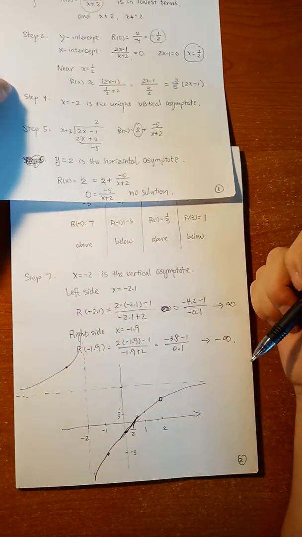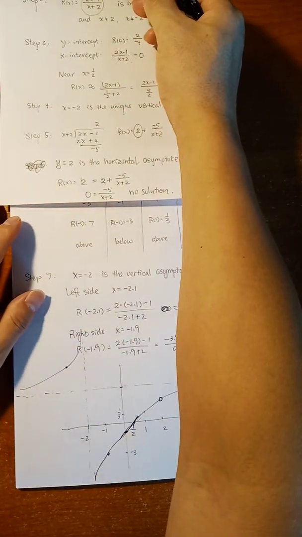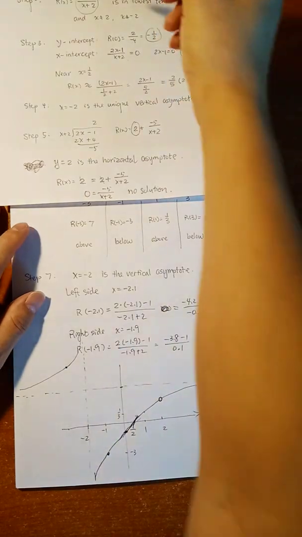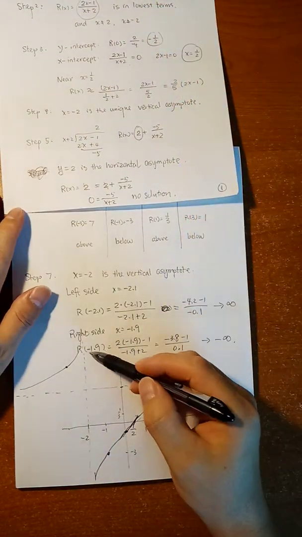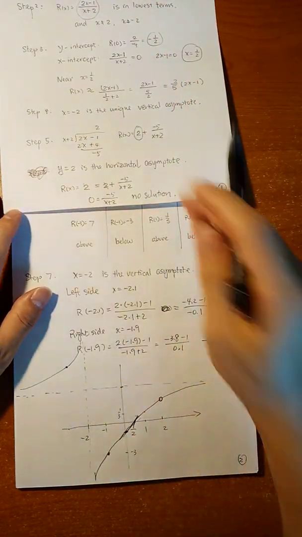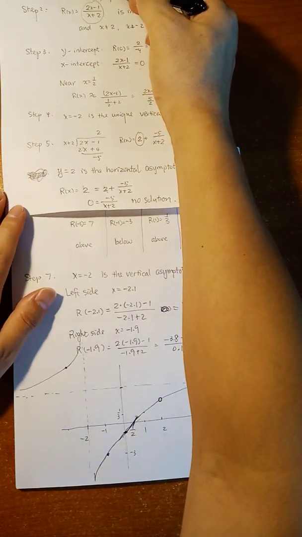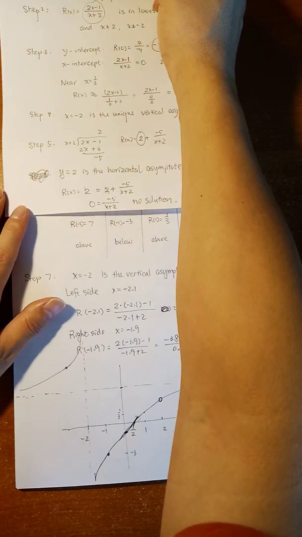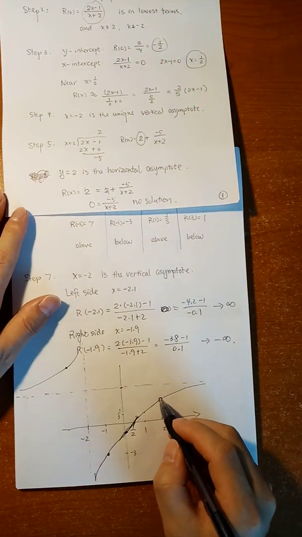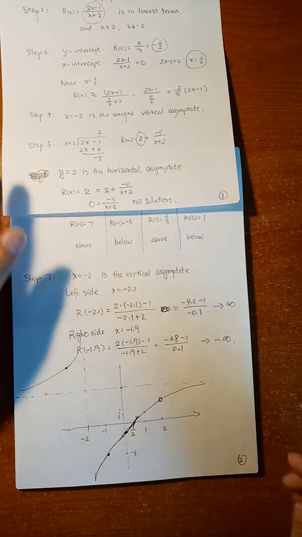The x equal to -2 gives you the vertical asymptote. And x minus 2 is cancelled, but since x minus 2 is in the original denominator, x cannot be equal to 2, so there's a hole.